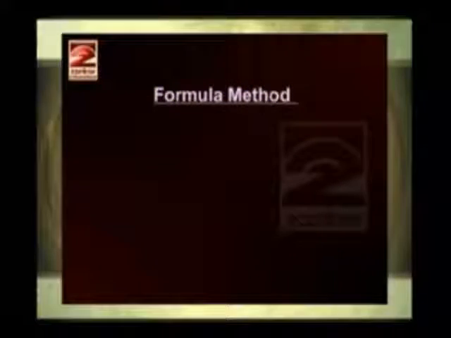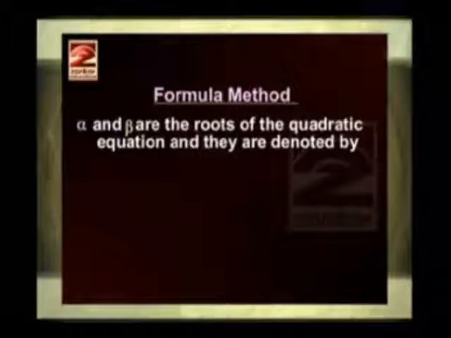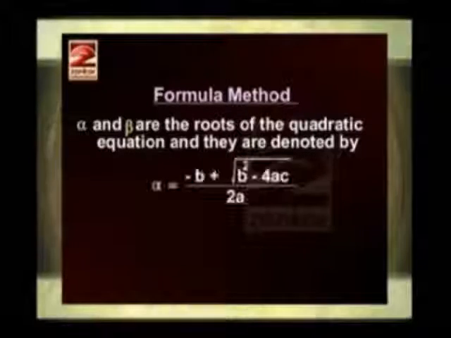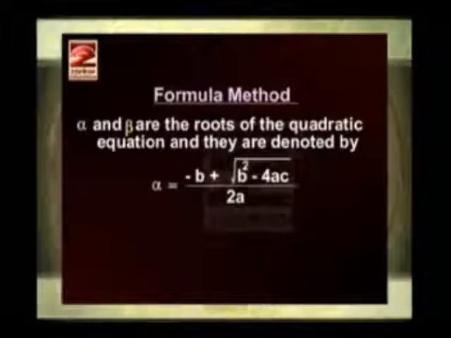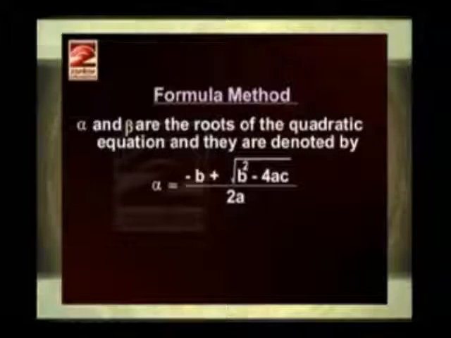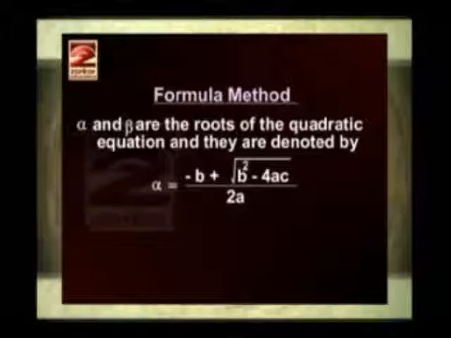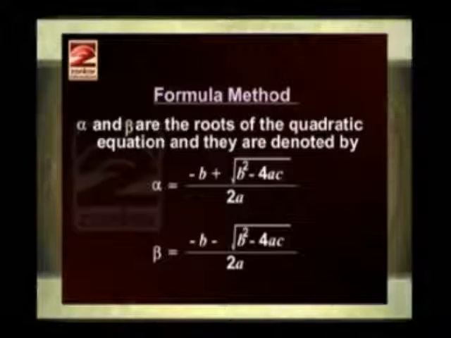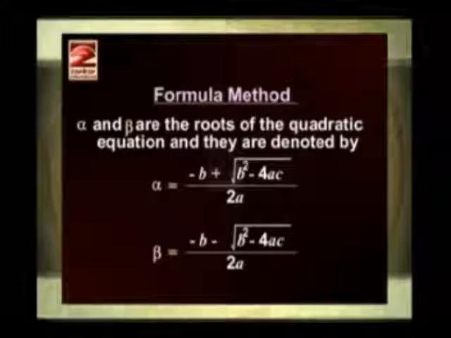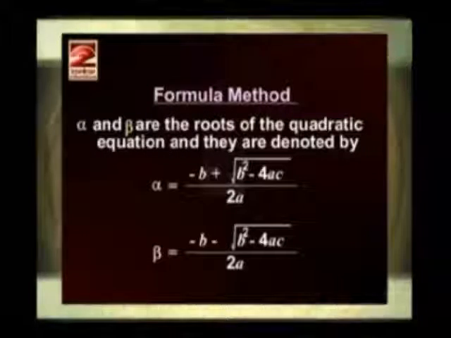Now the next method is formula method. Alpha and beta are the roots of the quadratic equation and they are denoted by alpha is equal to (minus b plus root b square minus 4ac) upon 2a and beta is equal to (minus b minus under root b square minus 4ac) upon 2a.